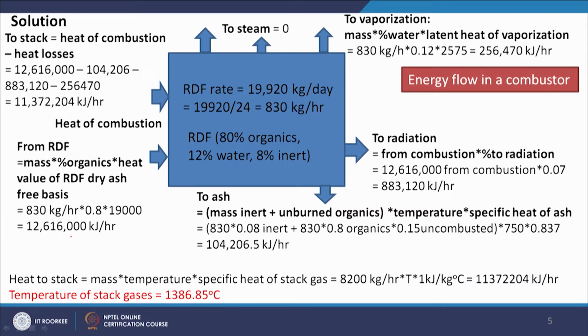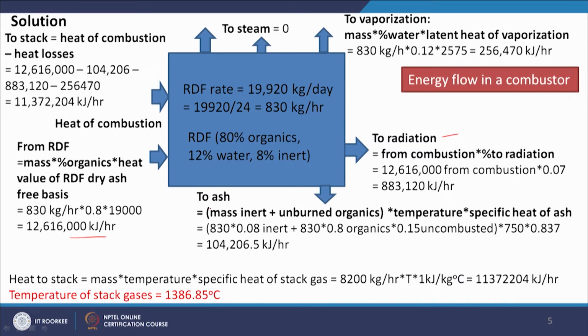So, this is our heat energy released, and here some ash is generated. So, ash will be having some energy, radiation loss will also be there, and for the vaporization of water, that is 12%, that heat will also be taken from this liberated heat. So, then these 3 values we will calculate.